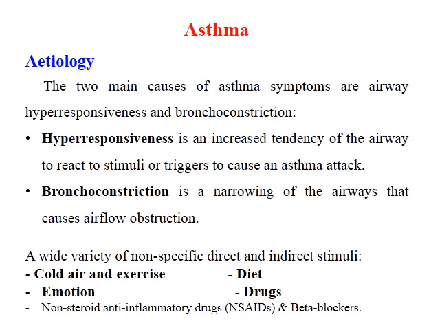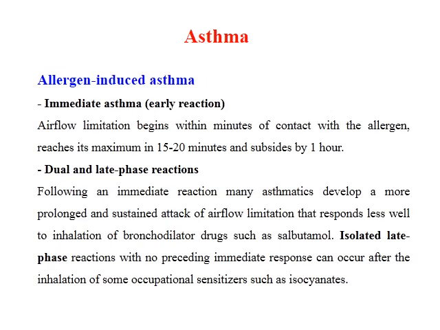There is a wide range of stimuli that may cause a direct or indirect reaction in asthmatic patients: cold air and exercise, specific types of diets, different types of drugs like non-steroidal anti-inflammatory drugs or beta blockers, and also emotional upsets.